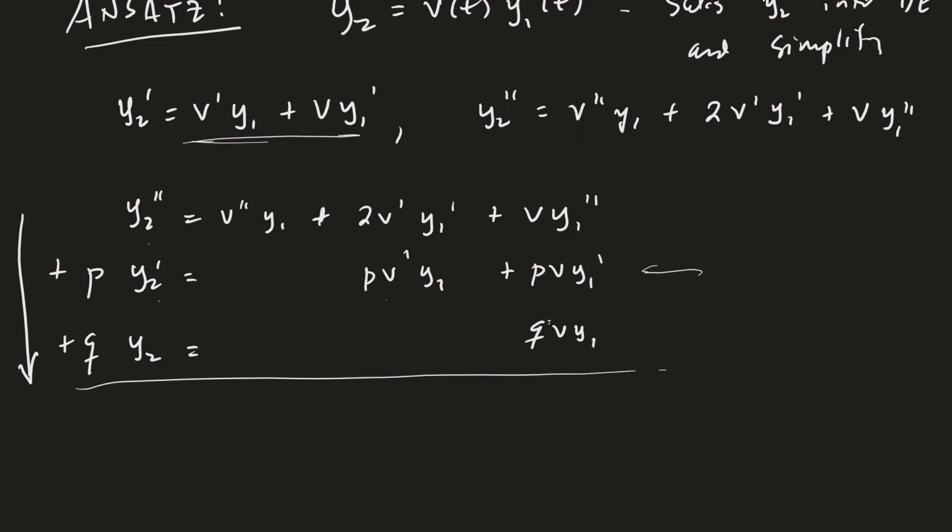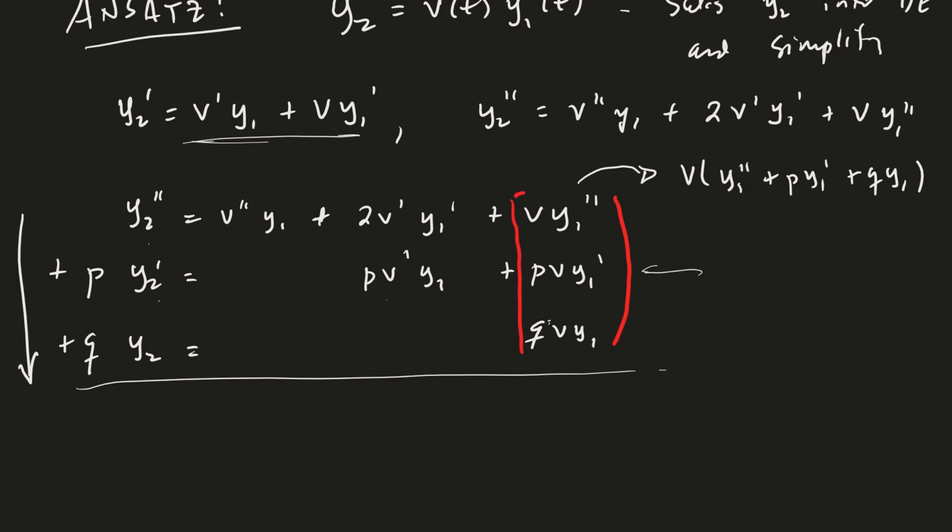So let's take a look at this first stuff that you're adding together. Notice the v factors out, and so this expression is v times y1 double prime plus p times y1 prime plus q times y1.